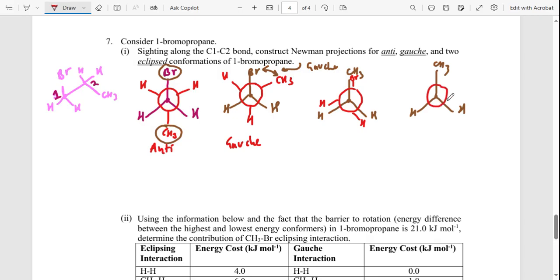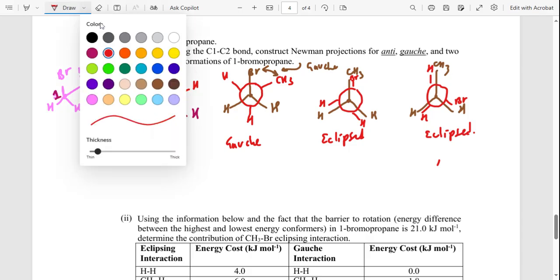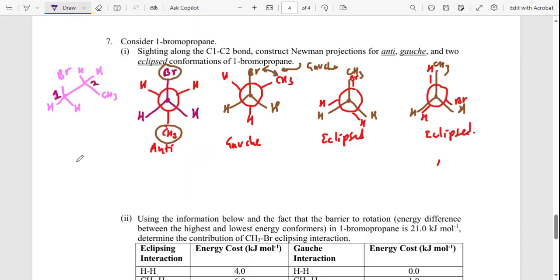Another eclipse, the Br can eclipse with a hydrogen, and the other hydrogens will be there. This one is even more unstable than the other eclipse because it has the two back groups eclipsing. When you are looking at instability, let me just label them for you when it comes to stability so that you can see.